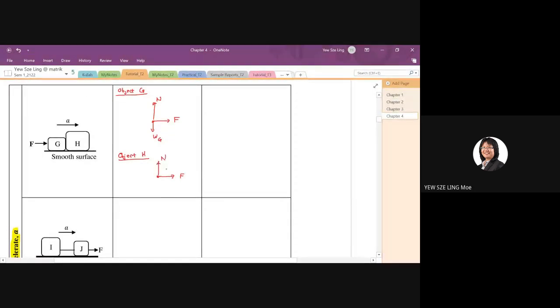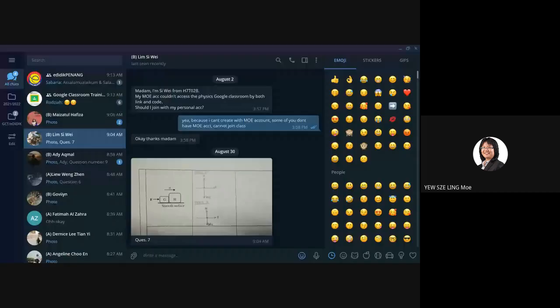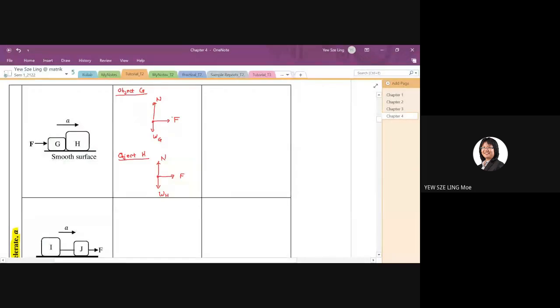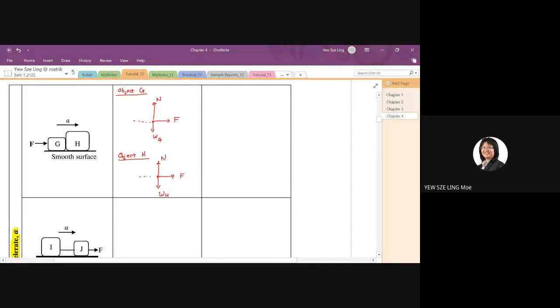So this is N, and this is WH. Okay, so this is the answer from your friends. There's a dotted line to show that this is the x-axis.